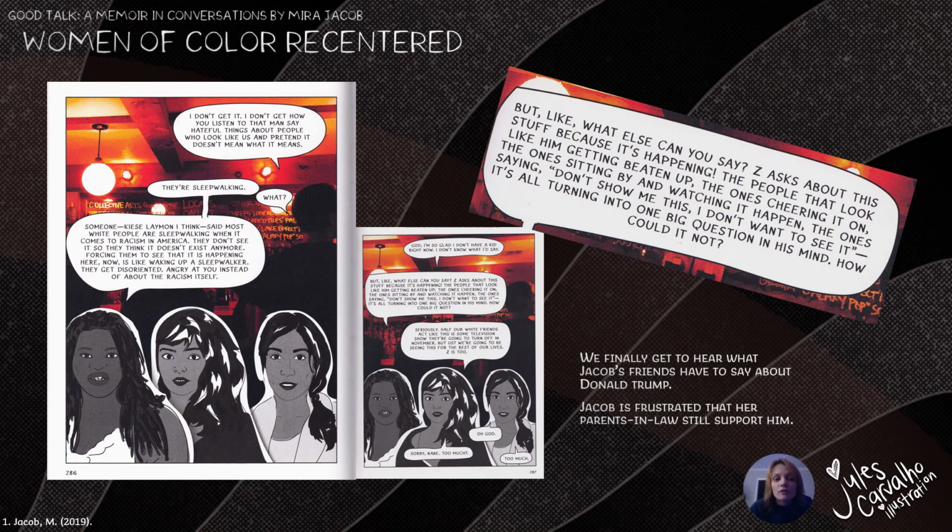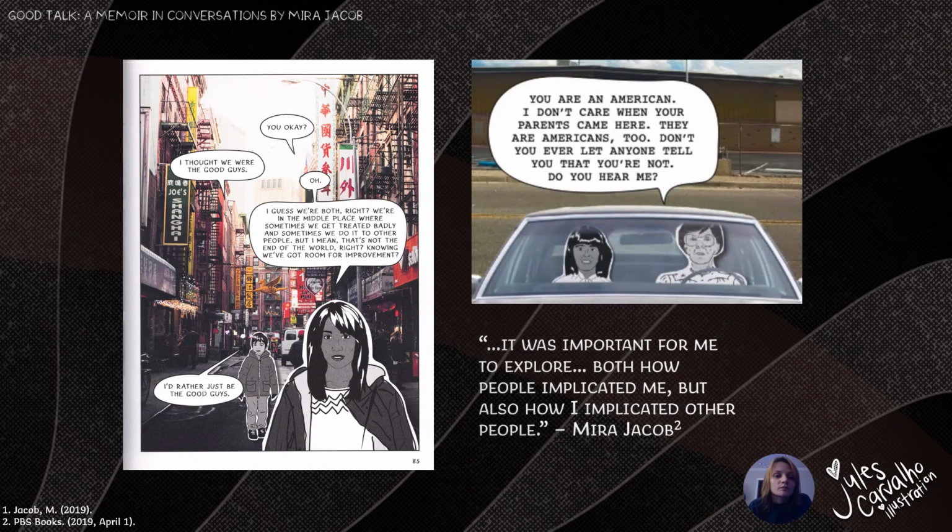Jacob reflects on how she can cause similar experiences of racism that others cause for her when she projects her prejudice onto other people. For example, she tells a story about projecting her prejudice that a black man she was dating at the time was uneducated. Answering Z's questions all the time makes her think even more than she usually would about what her values really are and how she shows up in the world.